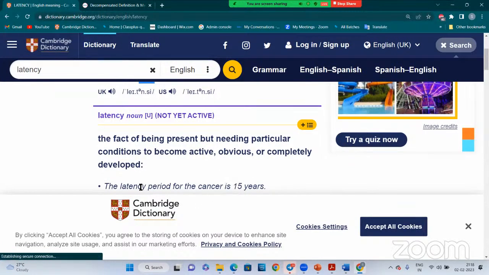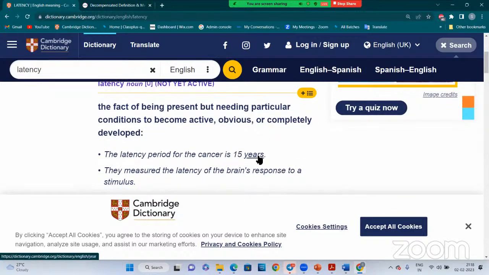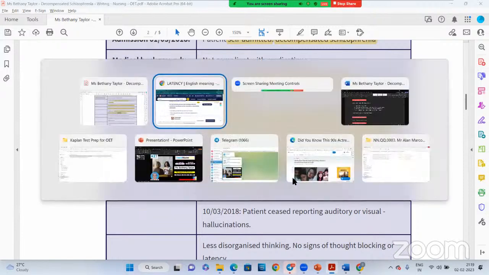For example, the latency period for cancer is 15 years, after that it will be dangerous. So latency means a growing stage. So thought is the problem here. Thought blocking is a disorder; the thinking style is not developed well. So you can write like this.